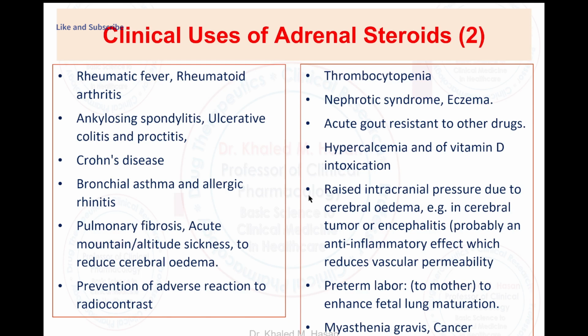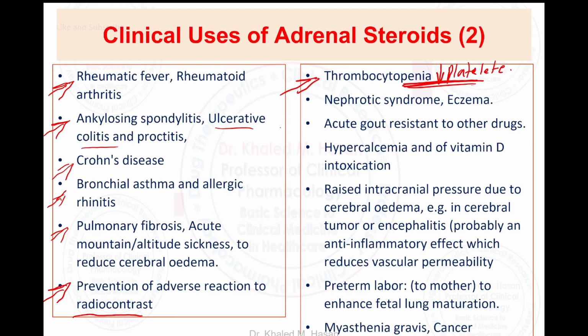Next indications: rheumatic fever, rheumatoid arthritis, ankylosing spondylitis, ulcerative colitis, Crohn's disease, bronchial asthma, allergic rhinitis, pulmonary fibrosis, prevention of adverse reaction to radio contrast, thrombocytopenia. Thrombocytopenia here means decreased platelets. If the patients have decreased platelets, like idiopathic, cortisone will be prescribed.